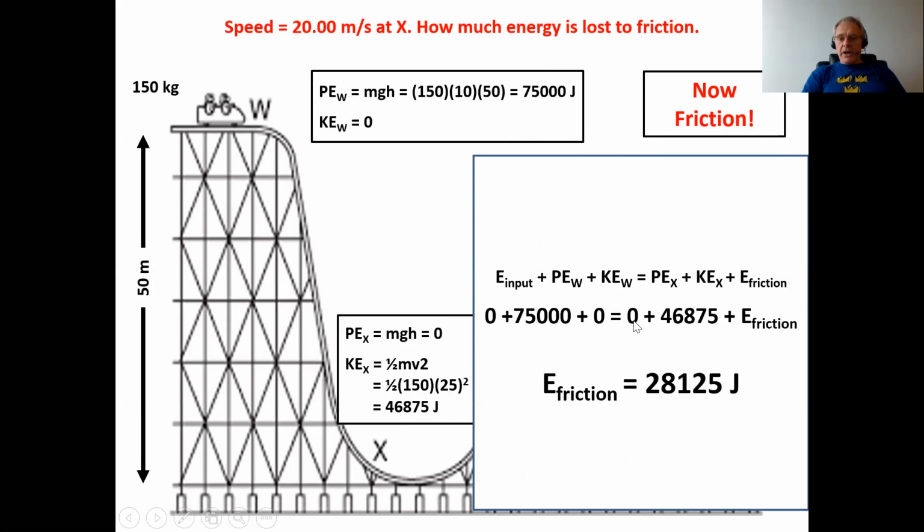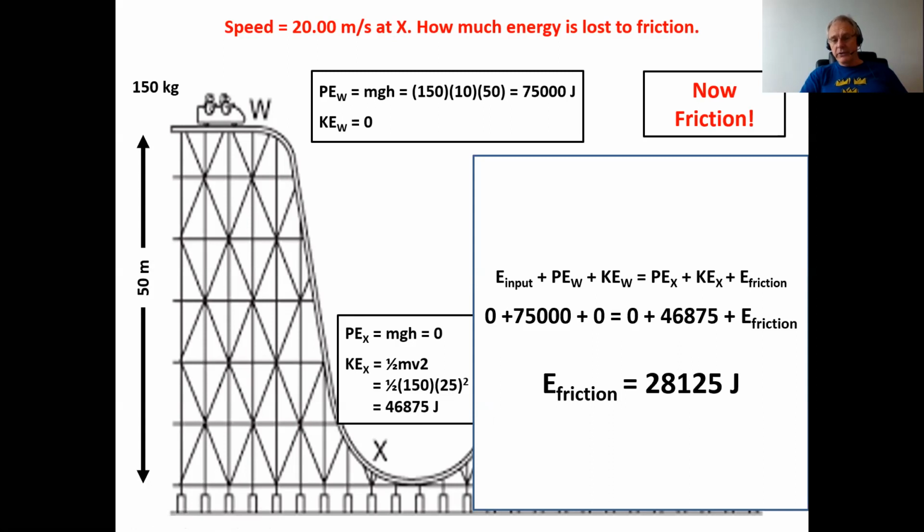The bottom box is 46,000. Potential energy at the bottom is 0. Kinetic energy is 46,875. And then the energy lost to friction. Just subtracting 46,000 from both sides, we get the energy lost to friction is 28,125.